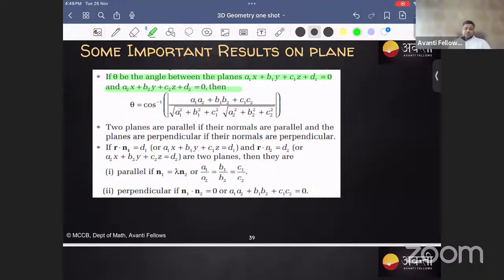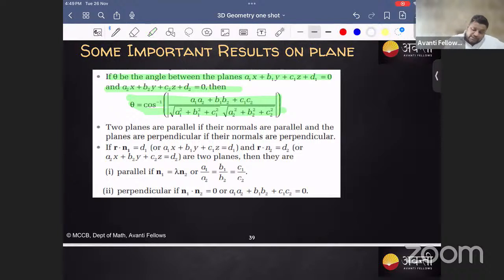One normal is along A1, B1, C1, other normal is along A2, B2, C2. So the angle between them is cos inverse of (A1 A2 plus B1 B2 plus C1 C2) upon under root of (A1 square plus B1 square plus C1 square) under root of (A2 square plus B2 square plus C2 square).